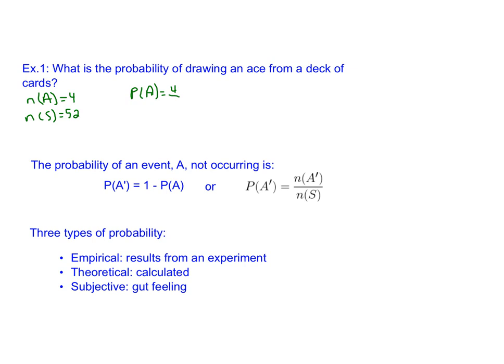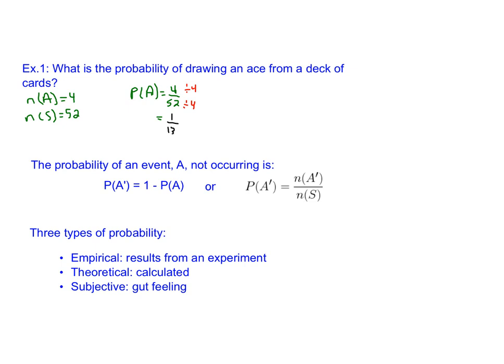Now we should reduce this fraction to lowest terms, and in this case we can divide both the numerator and the denominator by 4. So 4 divided by 4 is 1, and 52 divided by 4 is 13.